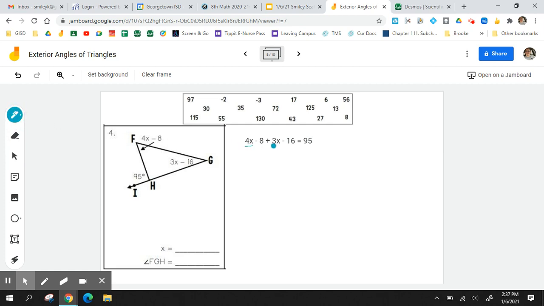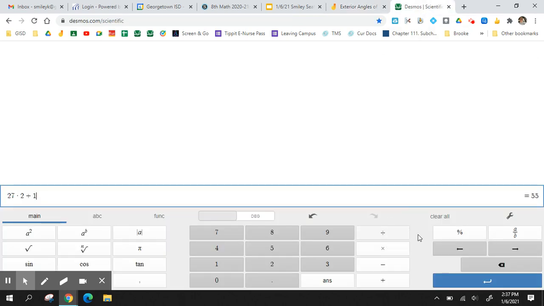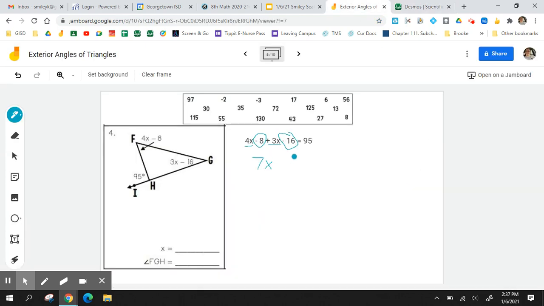We combine the 4x and the 3x to make 7x. Same thing here, negative 8 minus 16 gives negative 24, so minus 24, and it equals 95. Try solving that. Push pause, try solving it, and see if you got it correct.